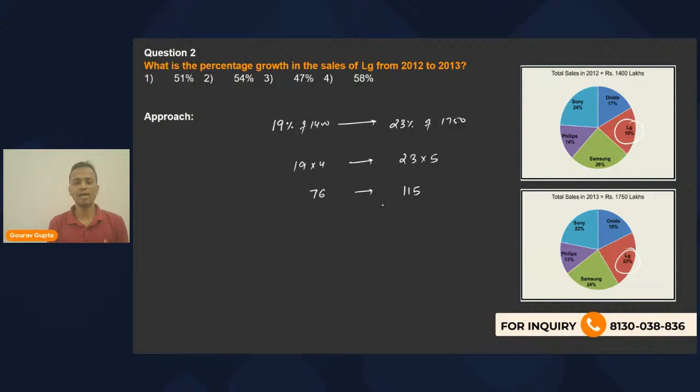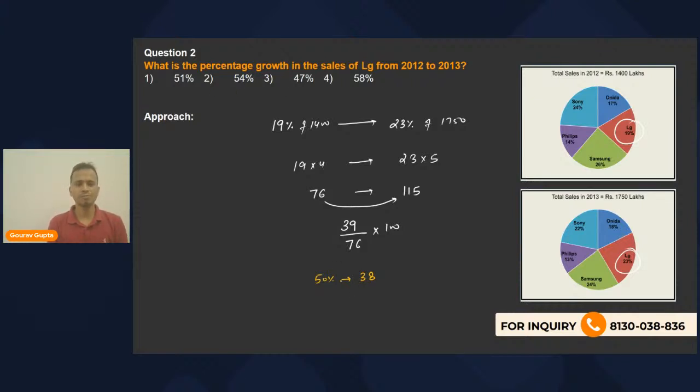So there is an increase of 115 minus 76, that is 39, right? Over the initial value of 76, multiplied by 100. So this is what we have to do. Now, 50% of 76 is how much? It is 38, right? So the answer should be more than 50%. The options are 51%, 54%, 58%.